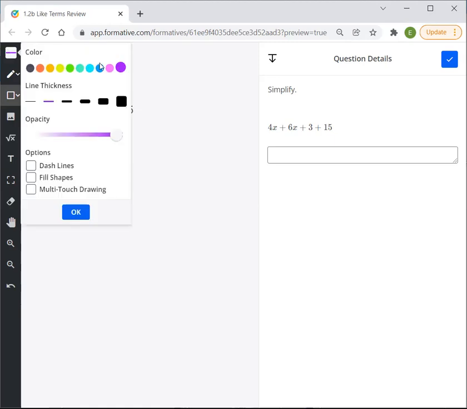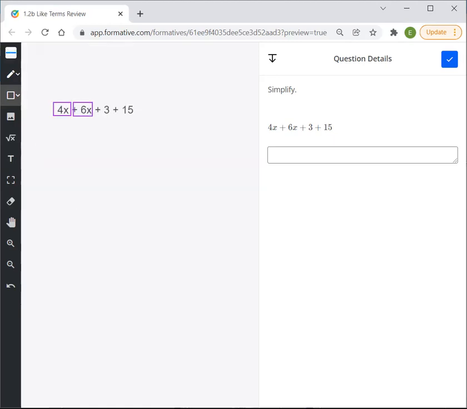And I'm going to use a different color to go ahead and box in my constants. And remember, when you're doing this, you want to make sure to get the sign that's in front of it because that sign goes with that number. So now I can go ahead and combine them. So remember, if I'm combining the x terms, I want to add those coefficients. So the coefficient on the first term is a 4, and the coefficient on the second term is a 6.